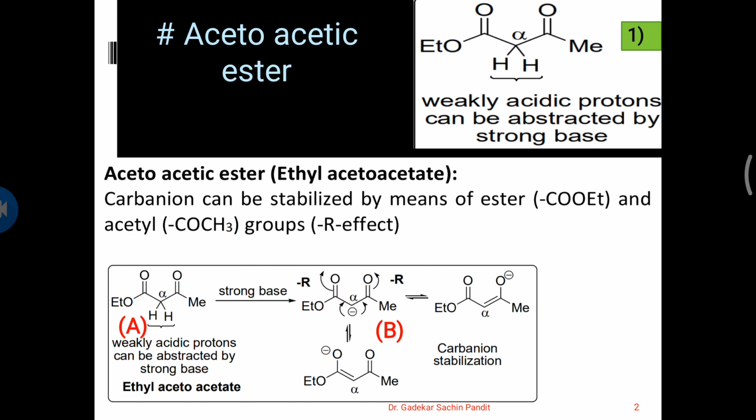In this first figure, alpha hydrogen atoms are present in ethyl acetoacetate or acetoacetic ester. These two hydrogens are weakly acidic protons.